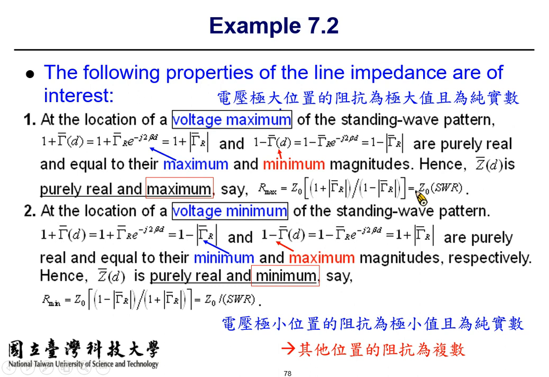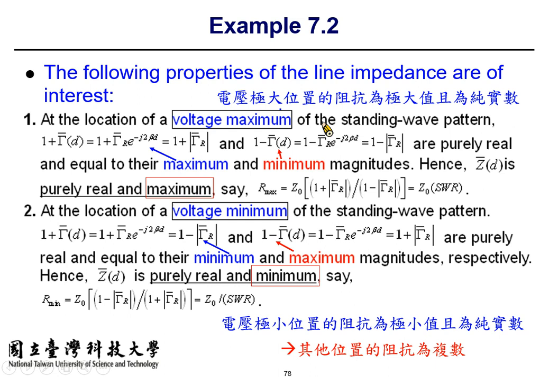Before we leave this example, I would like to point out a few things to check about this measurement. At the location of a voltage maximum, where can you find a voltage maximum? Where is the position of voltage maximum? Over here, right?